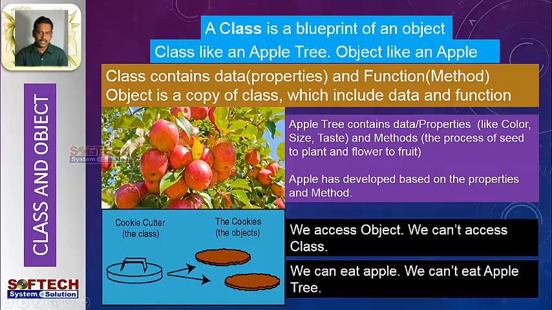So class is a blueprint of an object. Based on the blueprint, we can create the object. That is, the apple tree is a blueprint, and based on that blueprint it makes an apple.